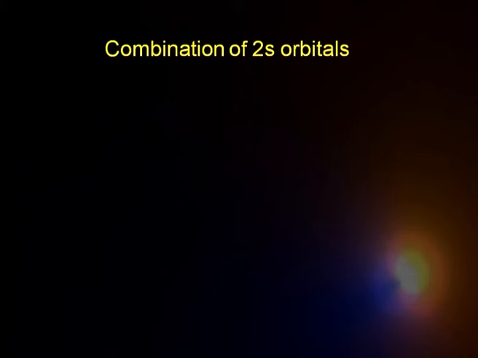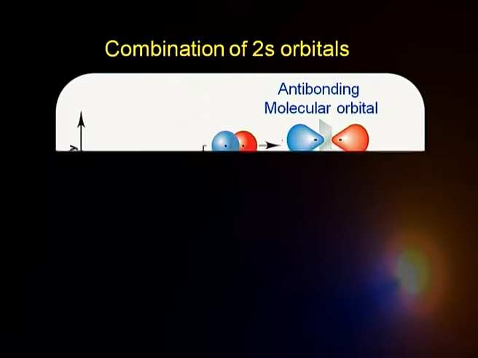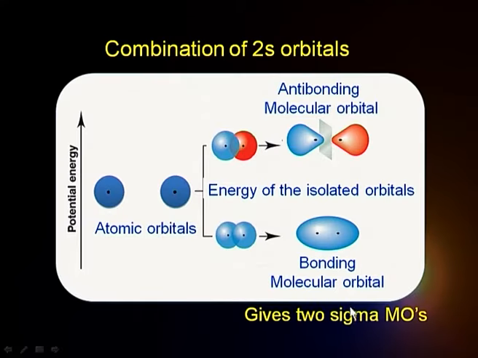Now, when we talk about combination of 2s orbitals, that is the way we can depict it pictorially: this is the atomic orbital, say the 2s orbital of atom 1 and the 2s orbital of atom 2, or A and B, whatever you want to use. Now, when these 2 atomic orbitals are there, they can combine constructively or destructively.